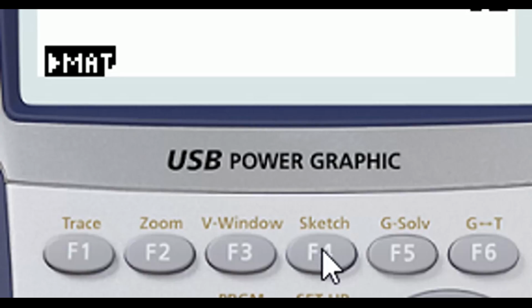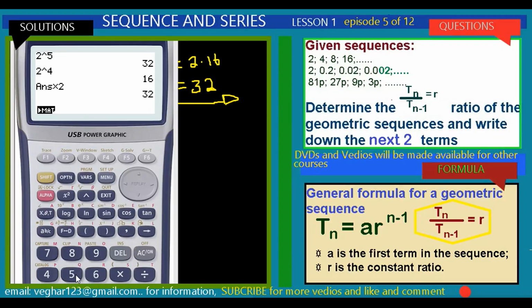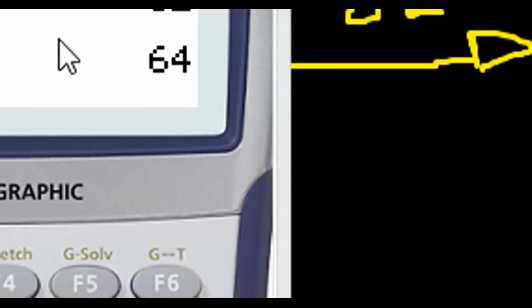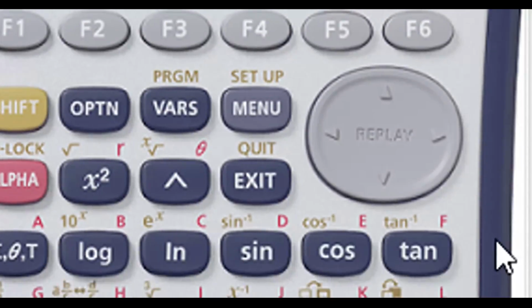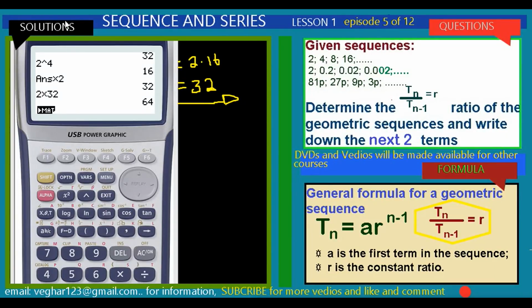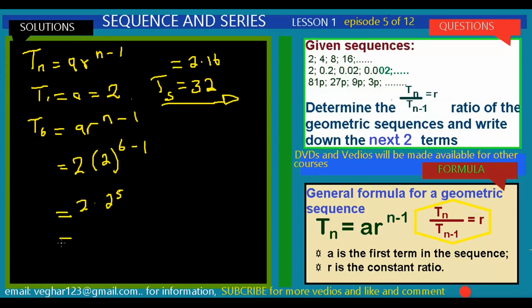Multiplying 32 by 2, 2 times 32 is 64. So we have 64.